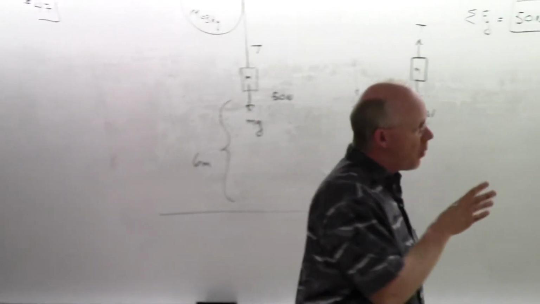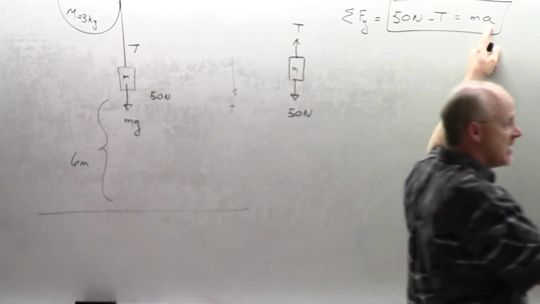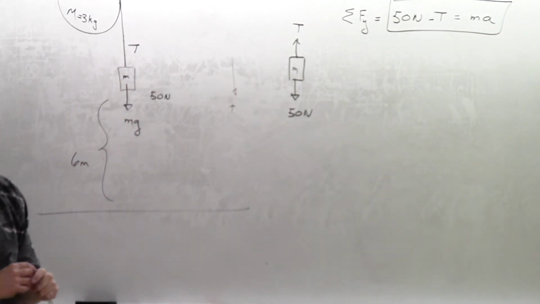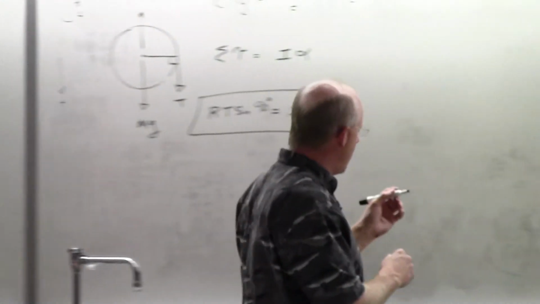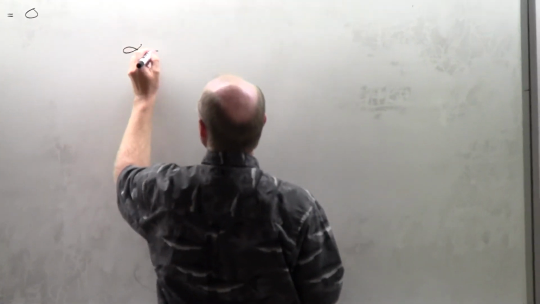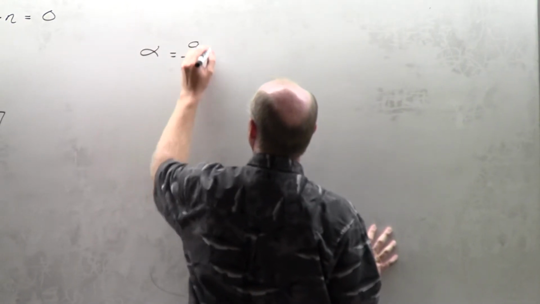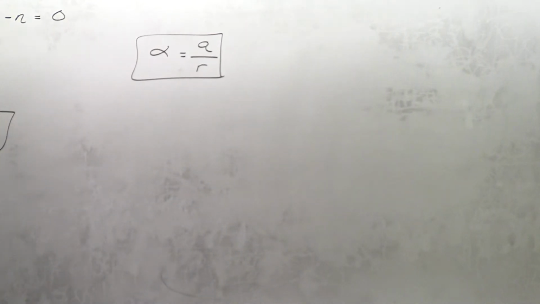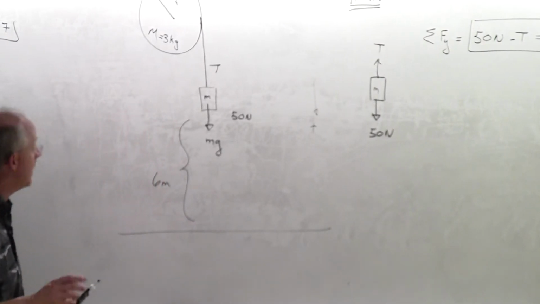However, I do need to make one more step because that has an a and this has an alpha. Are they related? Is a related to alpha? They are. How? Right. And so my third equation here is alpha is equal to a divided by R. Now, I should probably be careful with that because that's not how we worked out that problem.